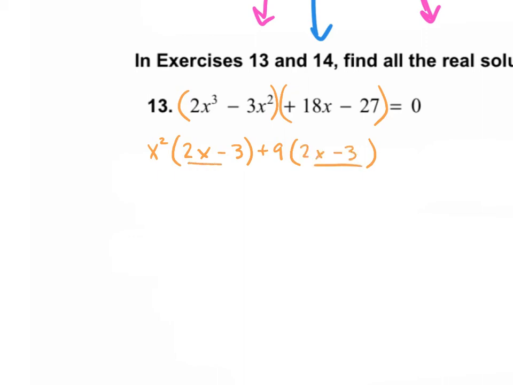So our insides are the same, so grouping works. So we don't even have to do P over Q. So what's our first parentheses? X squared plus 9. And our second one? 2x minus 3. So the outsides go together, the inside goes as 1.